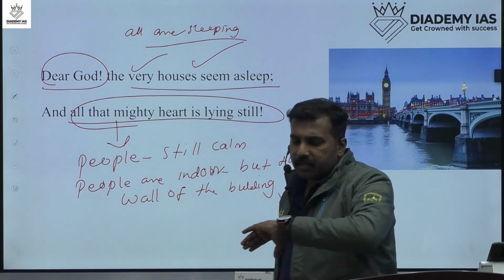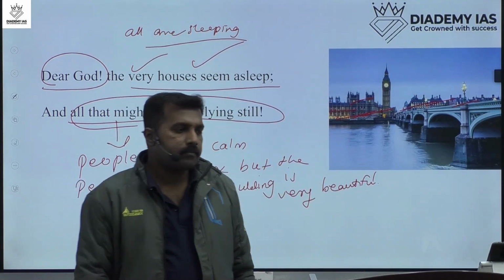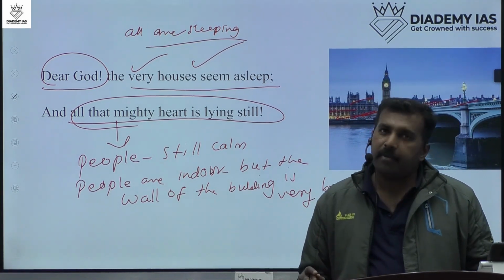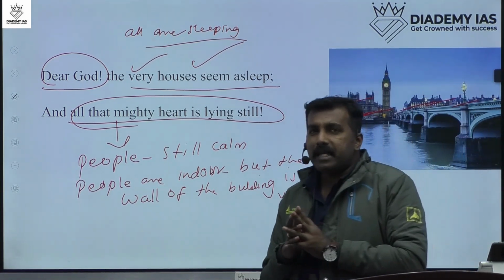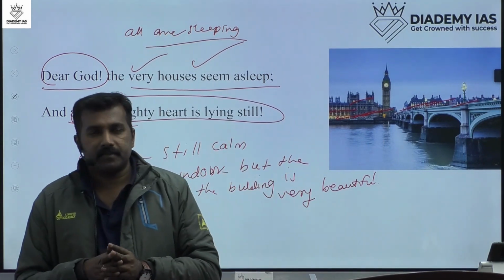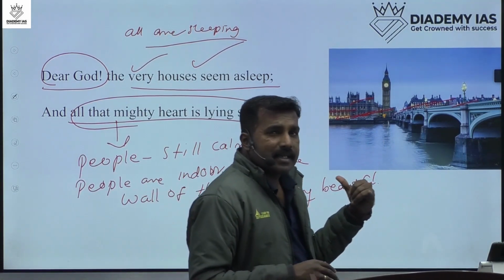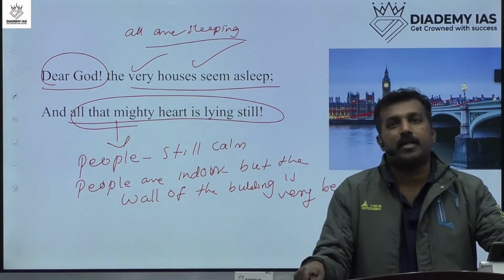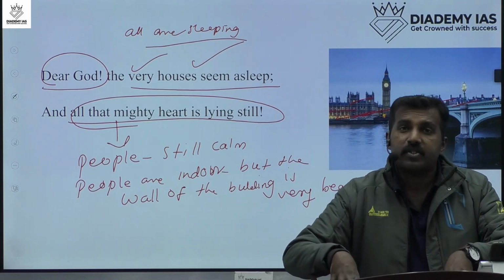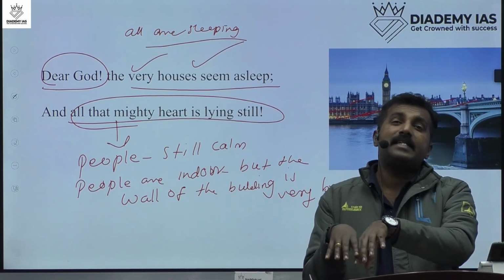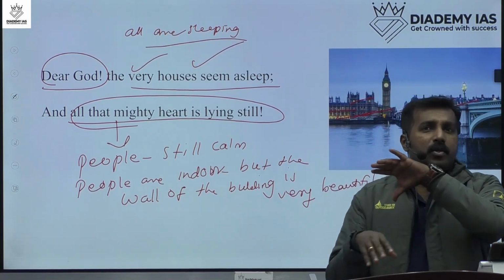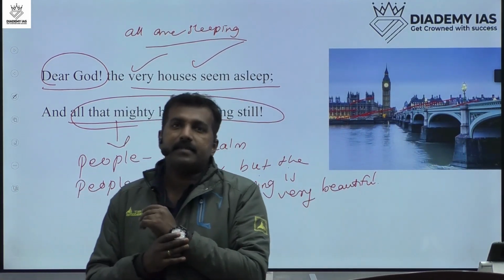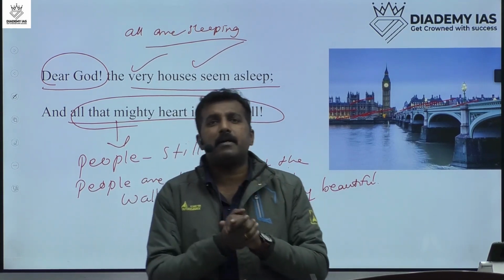So now let's quickly revise this poem. This poem is a sonnet. Point number 1: sonnet means a 14 line poem. And this poem is considered a Petrarchan sonnet, or Italian sonnet. Why Petrarchan sonnet? Petrarch was an Italian poet who is considered the person behind the sonnet.